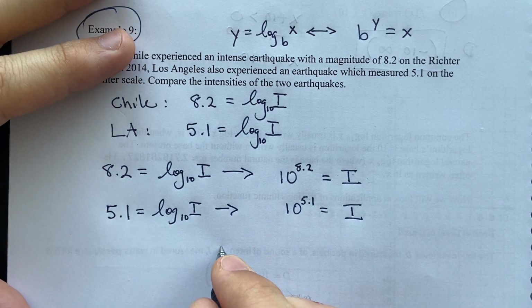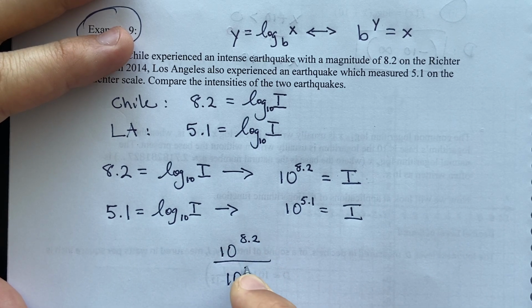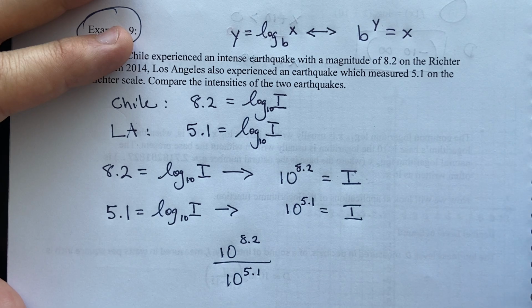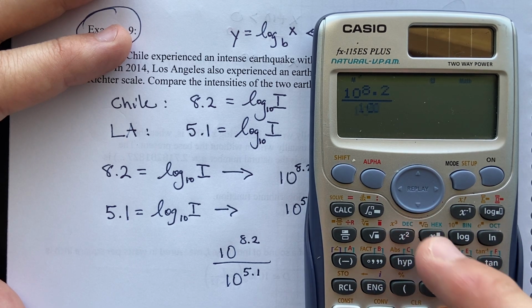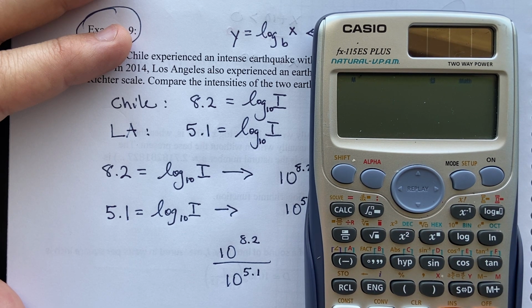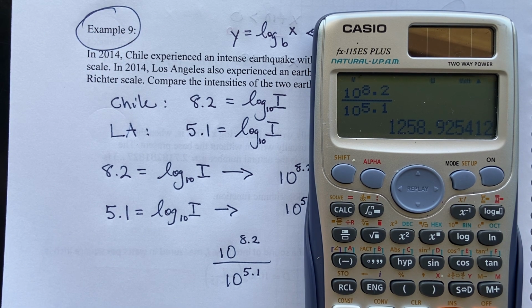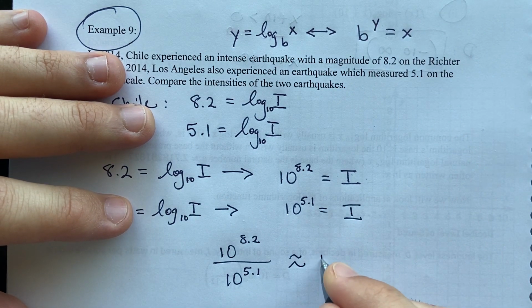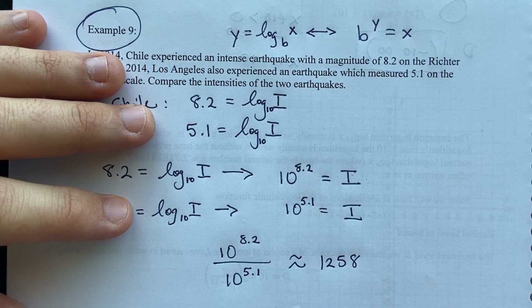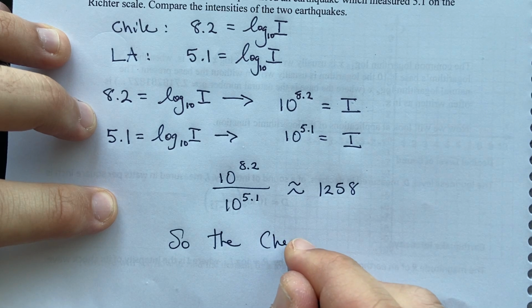So to figure that out, I can take 10 to the 8.2 and divide by 10 to the 5.1. So it was about 1,258 times more powerful.